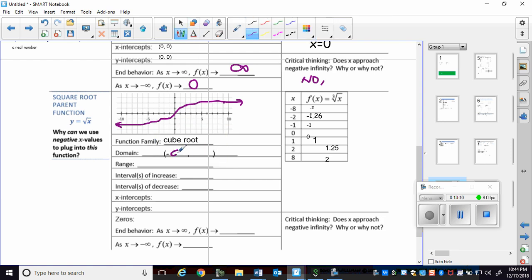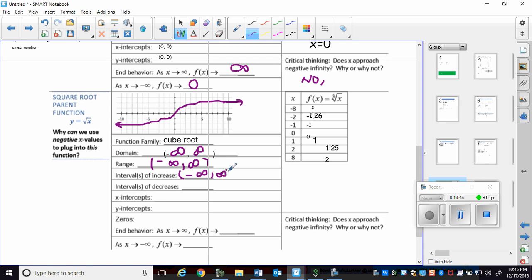The range, same thing: negative infinity to positive infinity, because the y values get bigger and bigger and smaller and smaller. Intervals of increase are the same as the domain. It's increasing from -infinity all the way to positive infinity.